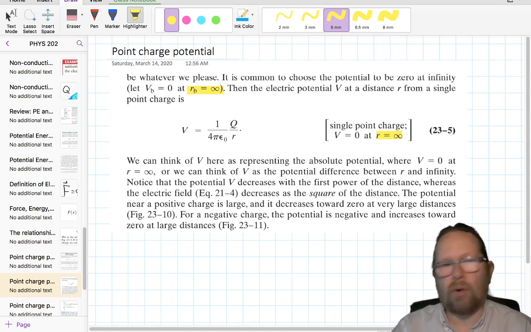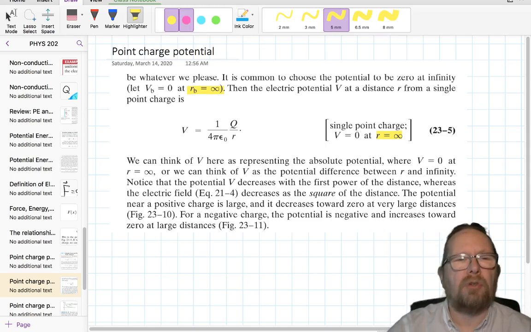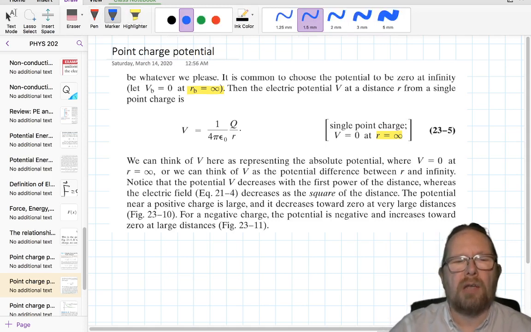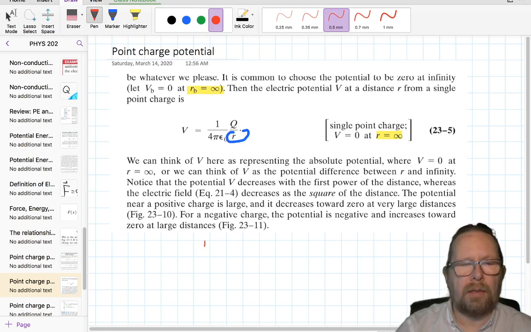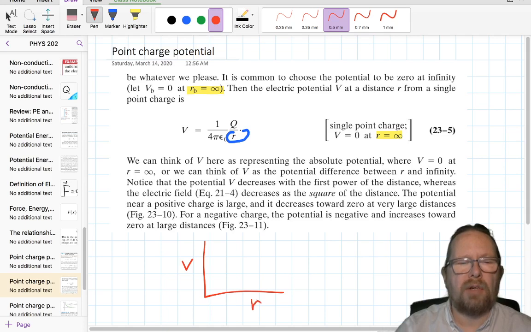If we graph the potential as a function of distance, it's proportional to 1 over r, right? Which means that if we make a graph of V versus r, at r equals 0, this goes to infinity, and it drops like that.